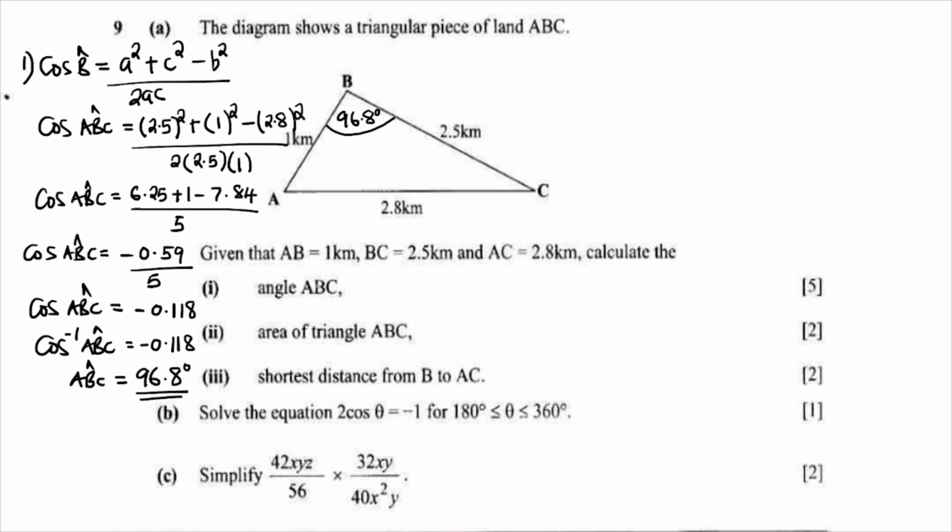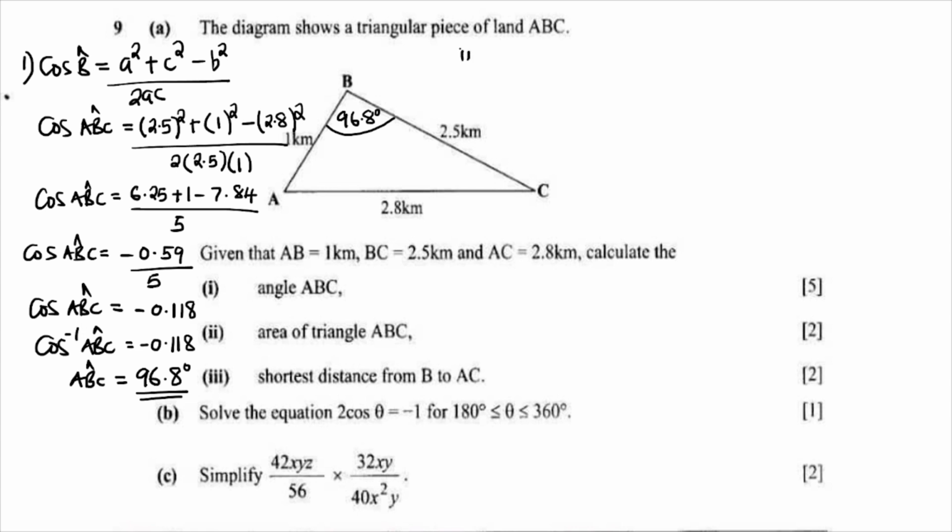Whenever you are finding an area, you take the two sides which do not include the corresponding angle. The angle that we have is 96.8, so we can't use the 2.8. The b has been excluded as a side.